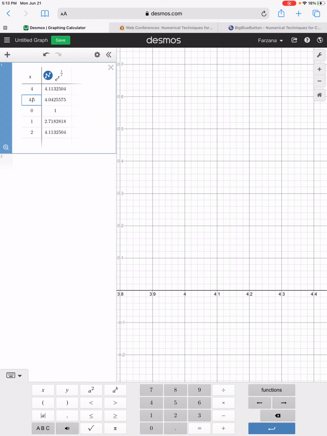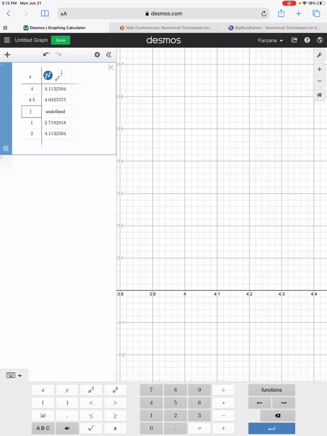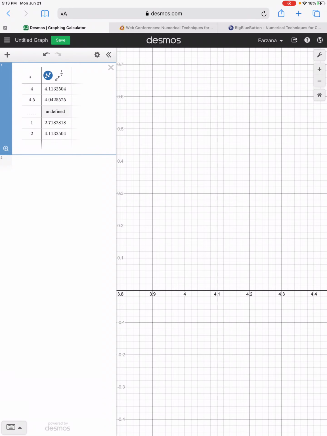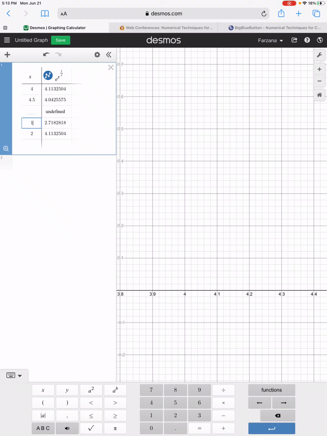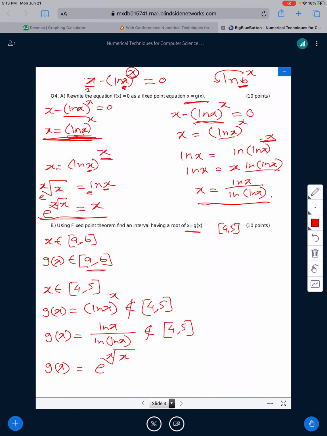So if I take x from 4 to 4.5, g of x is also in 4 to 4.5, right? Okay, so this one is working between 4 to 4.5. When x is inside this interval, g of x is also in the same interval. So this one is working.